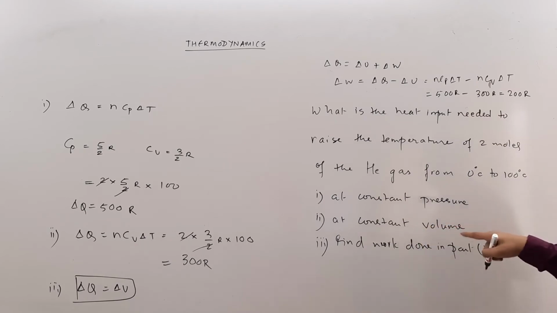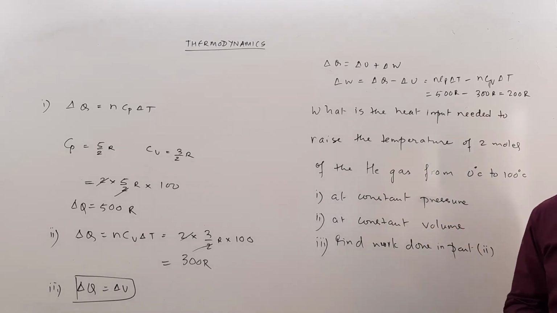For the constant volume process, the work done is going to be 0 because volume does not change.